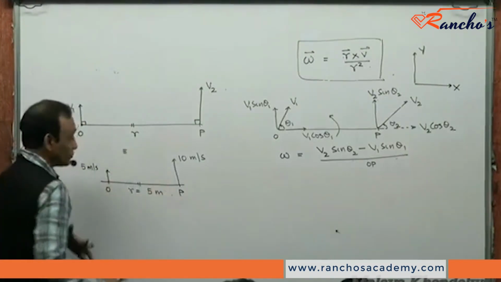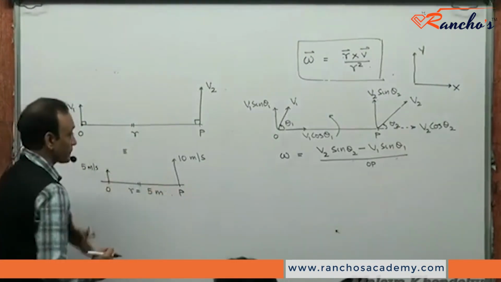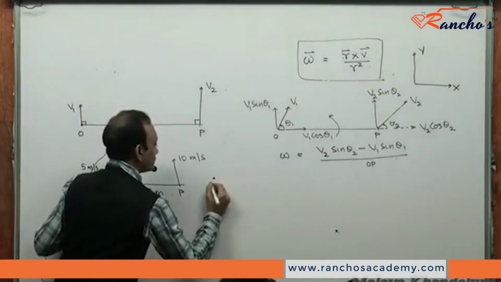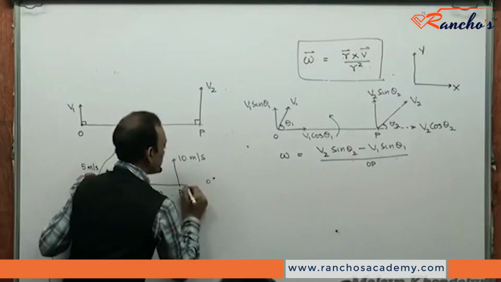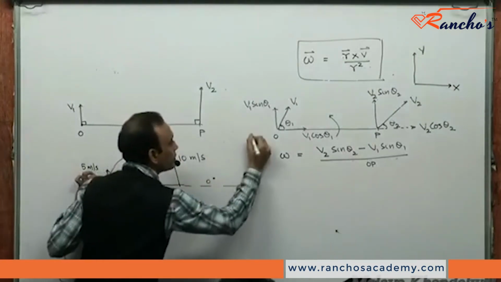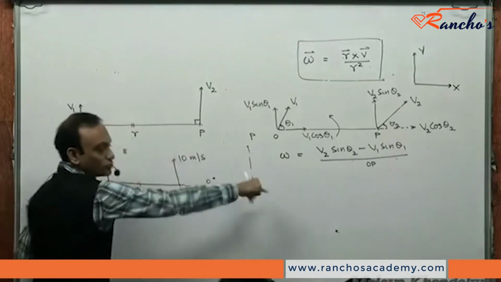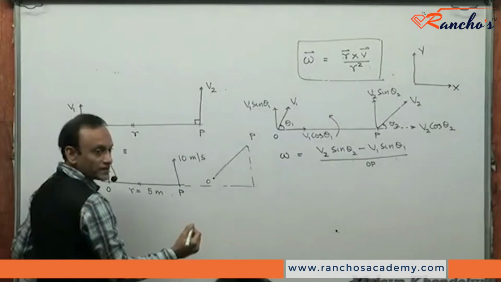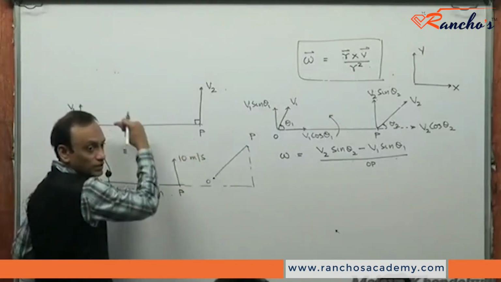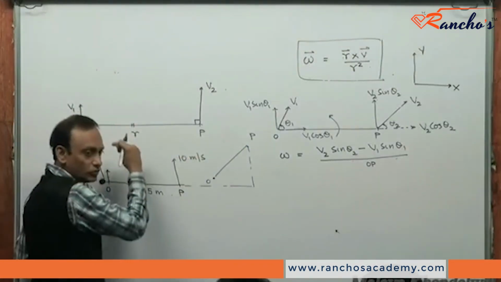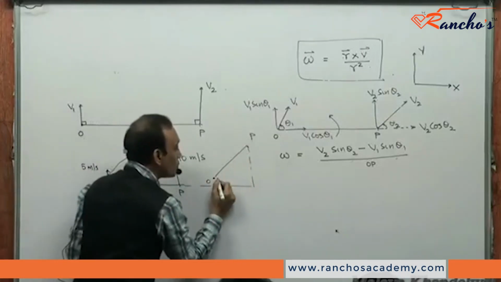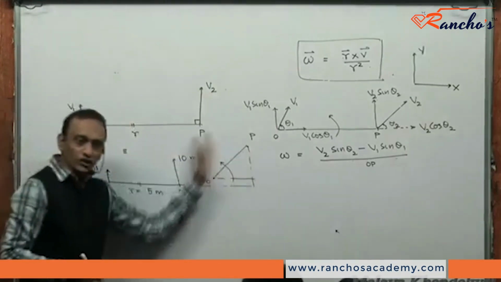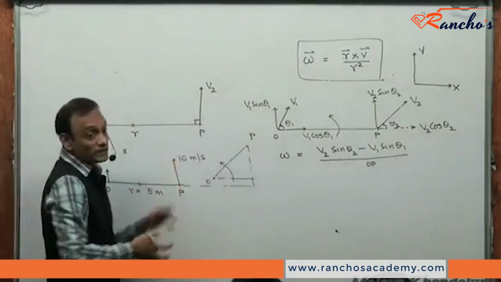Now, would you realize what is happening effectively? After a while, O will be here, but P would be higher. O would have moved up, P would have also moved up with respect to the original OP. That means this would be the new OP. Because P has a higher velocity perpendicular to OP compared to O, P goes this way. That means OP has swiveled anti-clockwise. So omega is anti-clockwise.